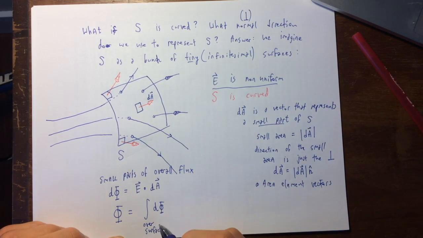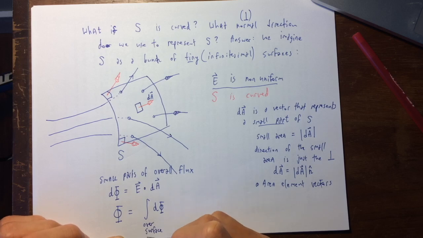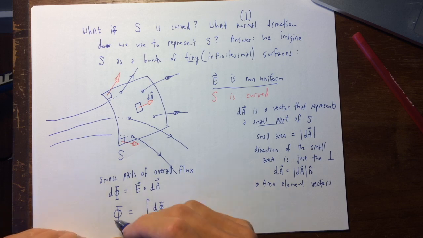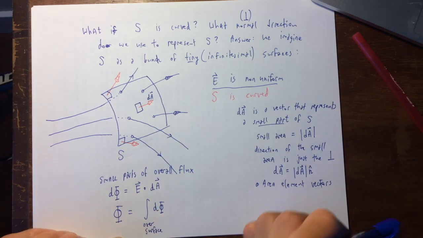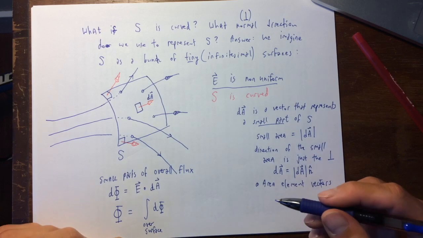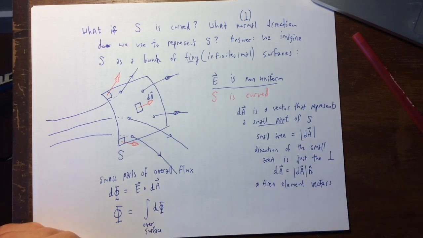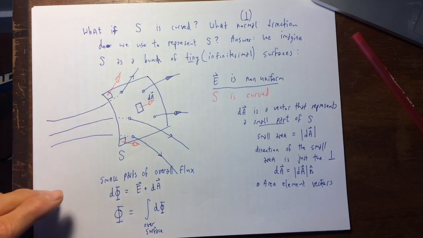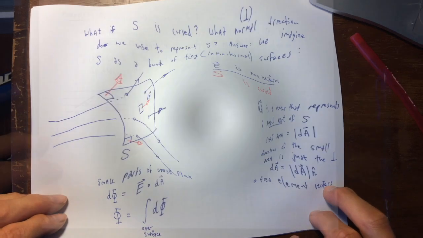So we figure out some variable to range over this surface, and as we range over the surface in an integral way with infinitesimal changes, we add up the infinitesimal contributions to the overall flux. So this is how we're going to calculate the flux. It's the result of a dot product between a very, very small magnitude vector and a macroscopic field strength vector. Okay, so that's the flux.